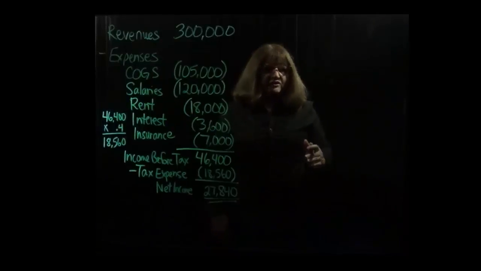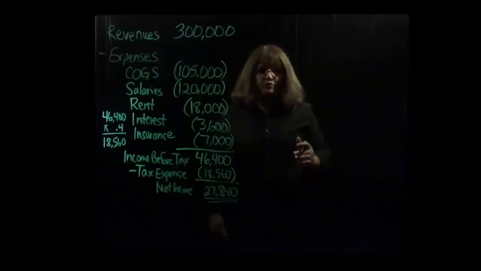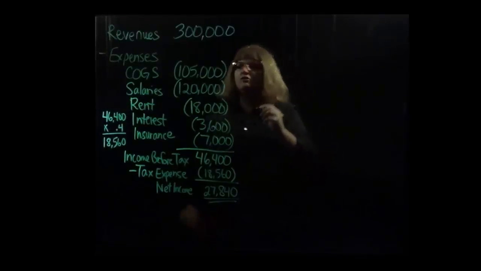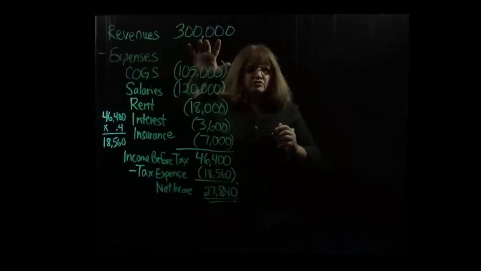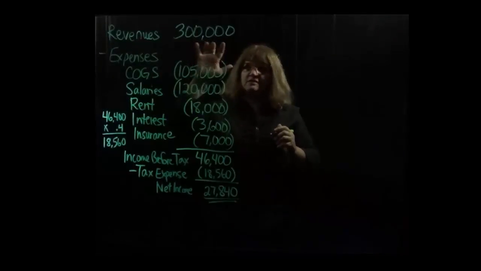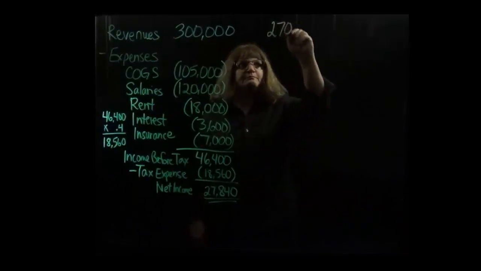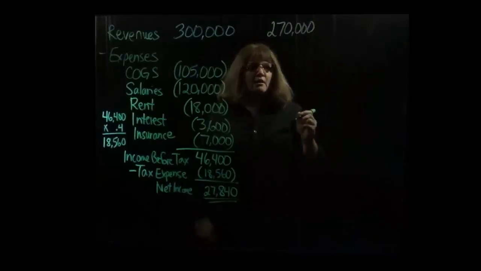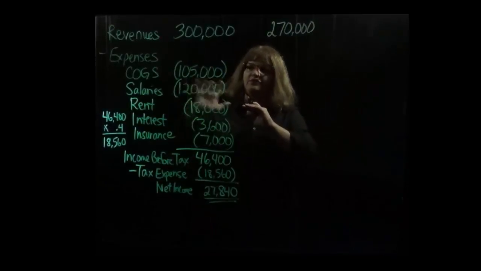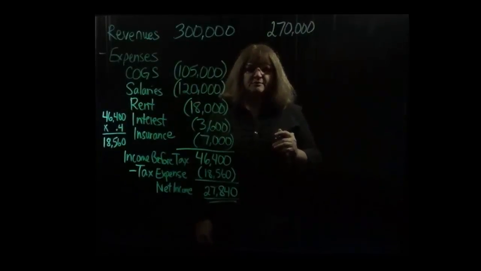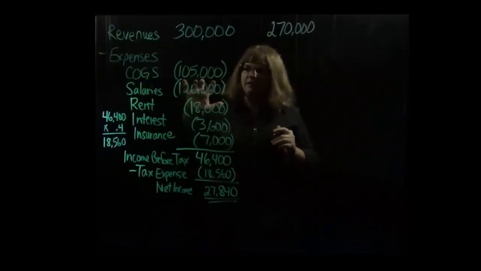Next, let's isolate the cash flows to calculate the net operating cash flows for Boilerlakers. Of the $300,000 in revenues that Boilerlakers earned, $30,000 of that has not yet been collected. So that means the cash inflows from these revenues were $270,000. Of this $105,000 that we had in merchandise purchased, and keep in mind that cost of goods sold is $105,000 because we started with nothing.